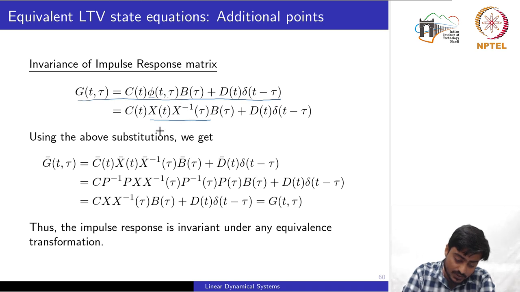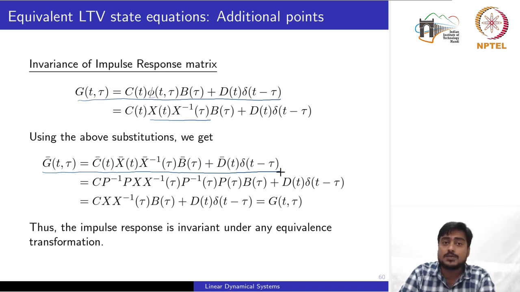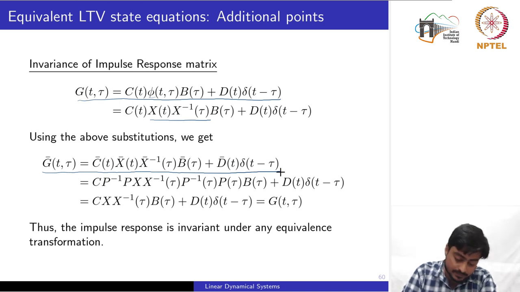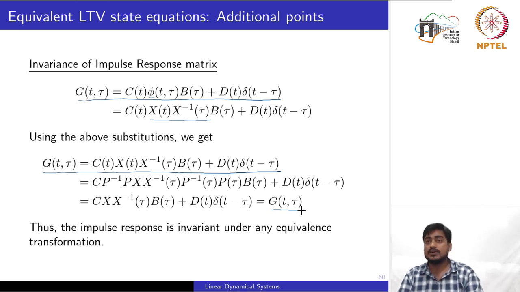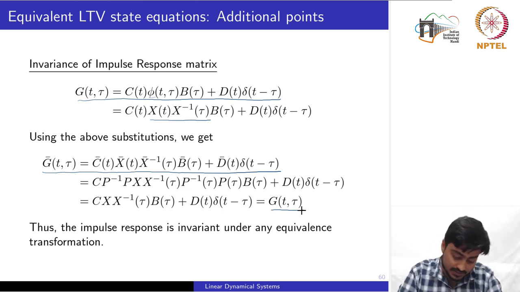So if I write the impulse function of the state space representation given by the bars, and replace all those bars by their counterparts, finally I would have the equivalence with the original impulse function. So meaning to say that the impulse response matrix is also invariant under this transformation.